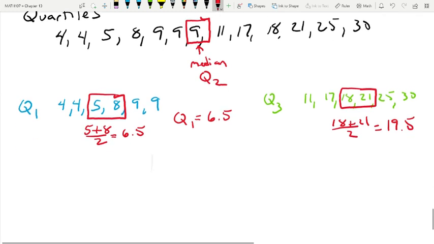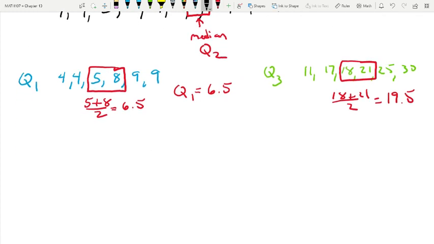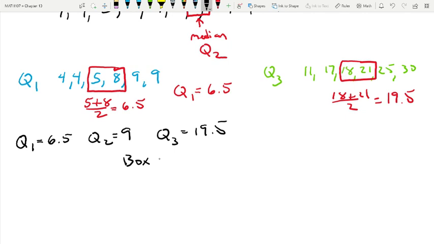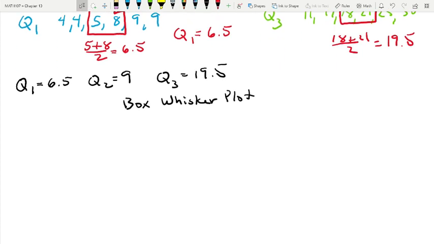So let's write down what we now know. We know that Q1 is 6.5, we know Q2 is equal to 9, and we know that Q3 is equal to 19.5. So now we can come up with our box and whisker plot. And so we get something that's going to look like this.